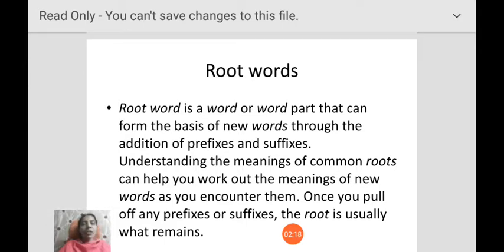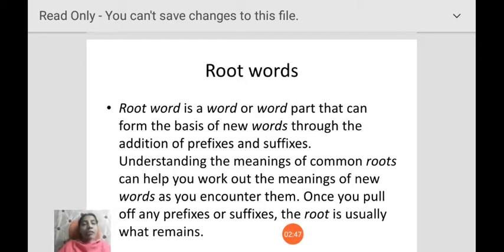So a root word is a part of a word, or it is itself a word that forms the basis of new words. With those, many new words are developed or formed when prefixes or suffixes are added to that root word.